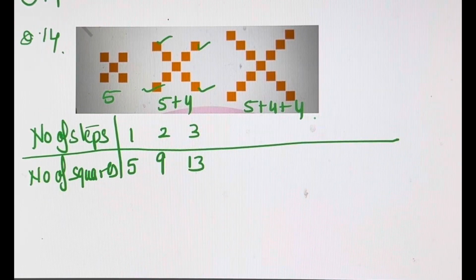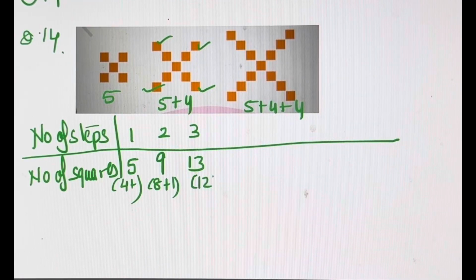So if you remember the previous question also, we had a similar pattern where 5, 9, 13. So if we understand, 5 is 1 more than 4. This is 1 more than 8. This is 5, you can write it as 4 plus 1. 9 is 8 plus 1. This is 12 plus 1. This is for understanding how to make an expression of the formula. Right?